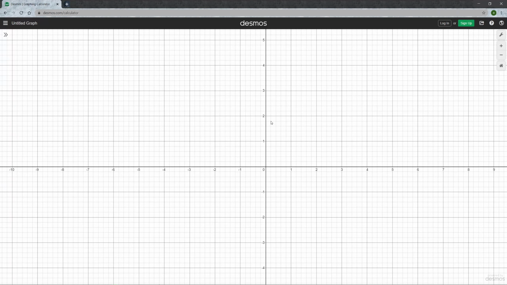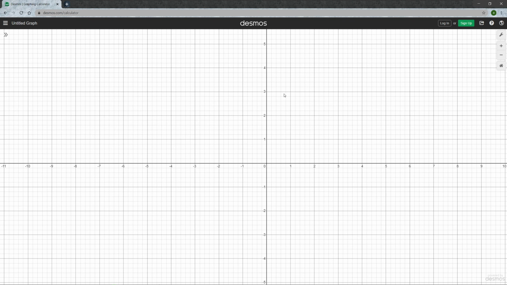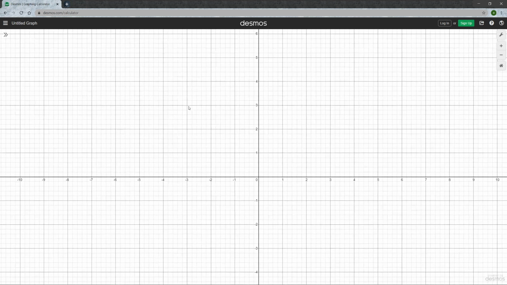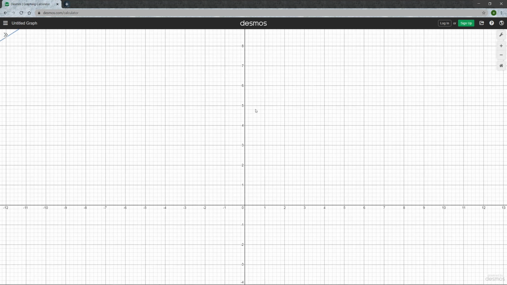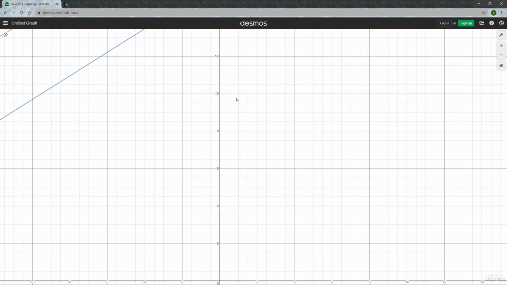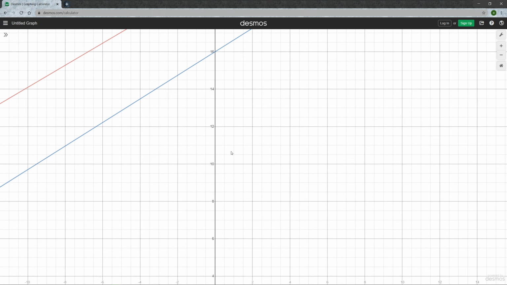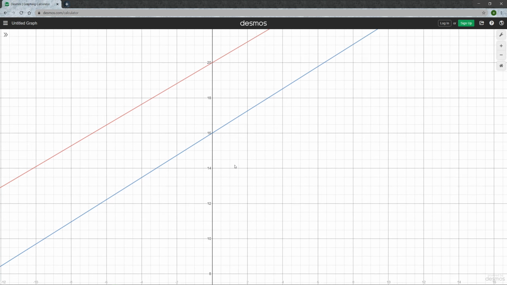This is because my window is not, these are outside of the scope of this window, right? Notice that the highest that this goes currently is 7. So I'm going to zoom out and I'm going to scroll up a little bit because I know that my initial values were 16 and 20.